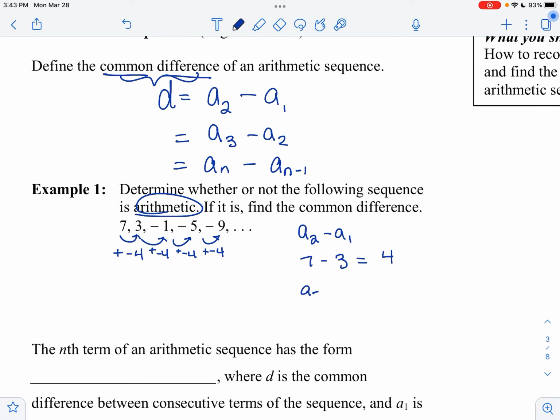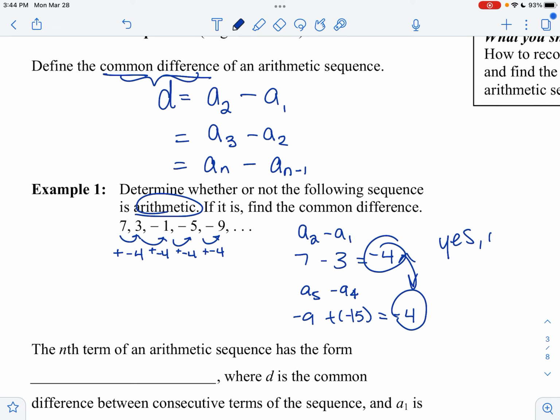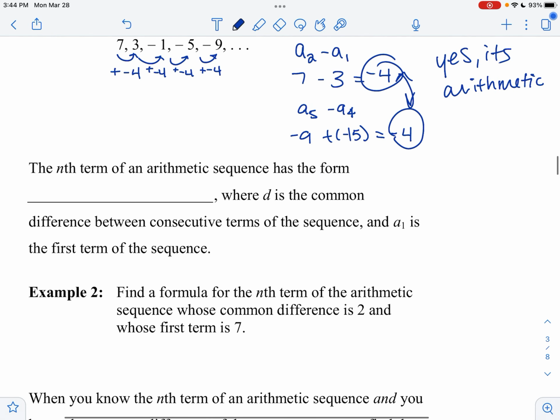Is the fifth term minus the one before it also 4? Let's see, -9 minus -5 is -4. Oh, I did this wrong, by the way. This should be 7 minus 3, pardon. So both are the common difference, therefore, yes, it's arithmetic, meaning it has the same pattern where we're adding the same value.